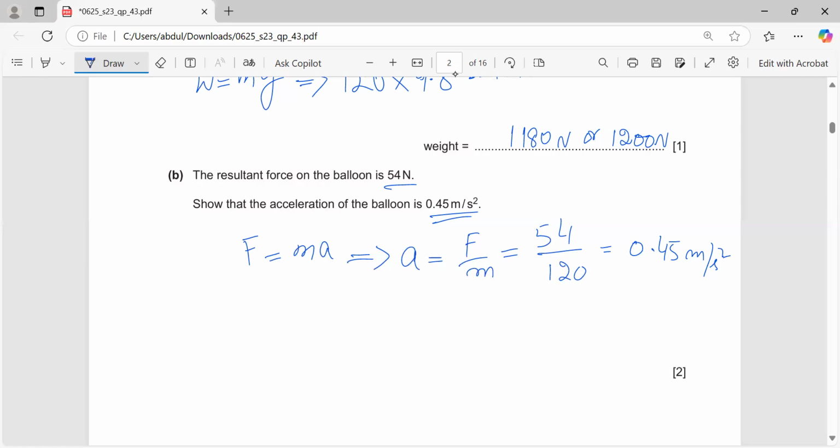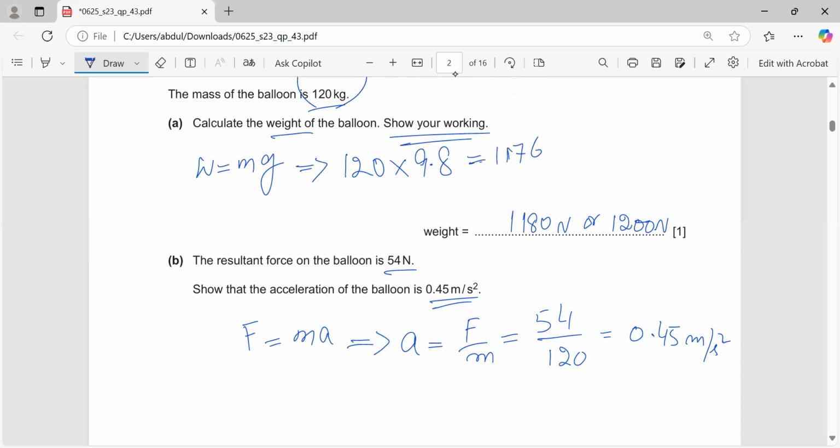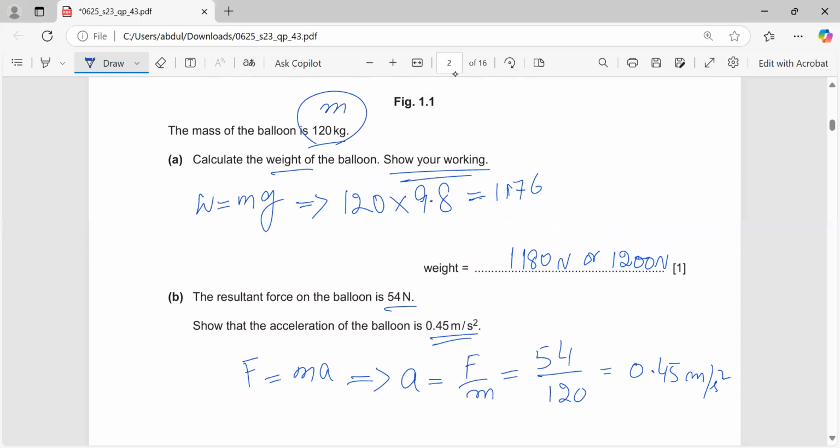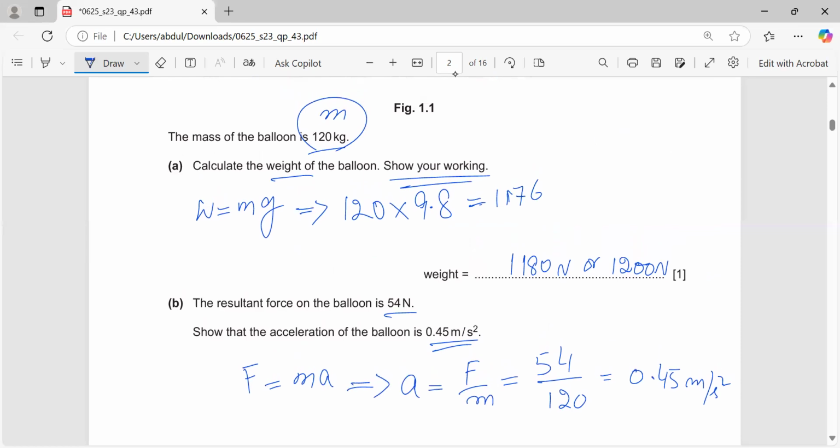Still have a question? Yes. In the upper question, do I have to round it to 1180, or can it be 1176? No, it cannot be 1176. Maria, maybe you missed that point: our final answer must have either 3 or 2 significant figures.